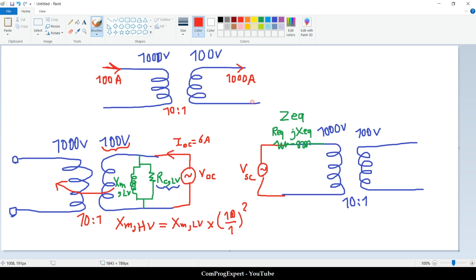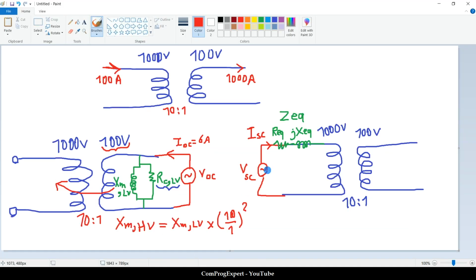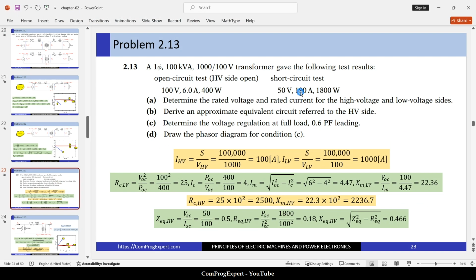We know the value of the current, I short circuit, and we know the power loss. Okay, so here is the value of the impedance. Why did I write here high voltage? Yes, because we do this test on the high voltage side. As you can see, the value of the current is 100 amps here.